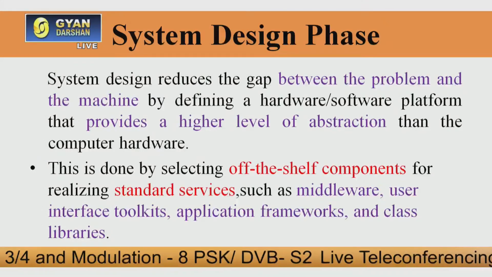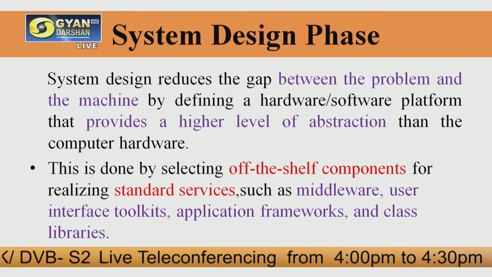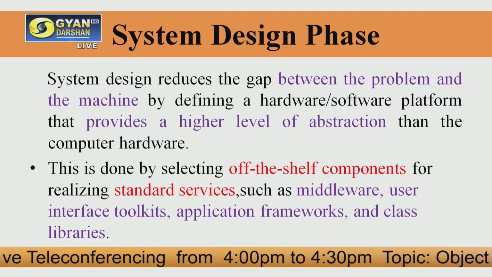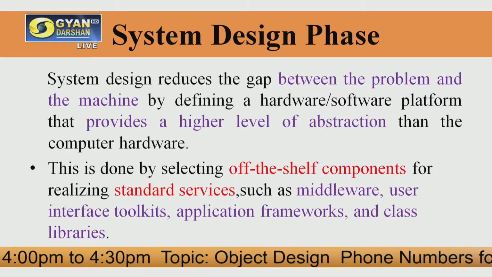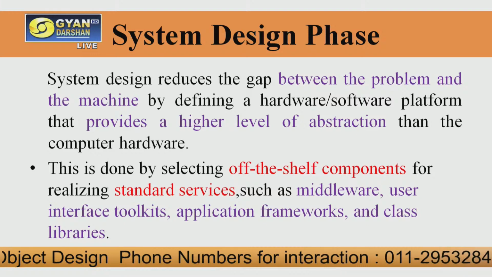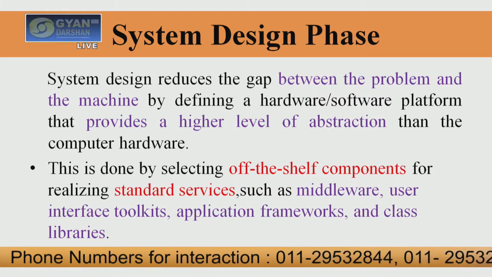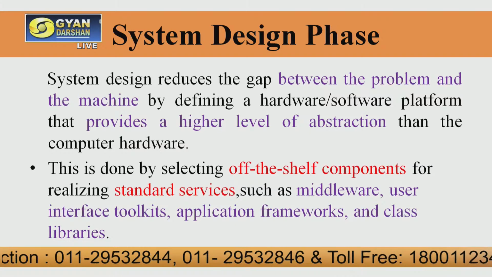This is done by selecting some off-the-shelf components, which are ready-made components that are already available. So there are certain existing components and we are doing something like plug and play. We take a component, plug it into our system and perform the operation.